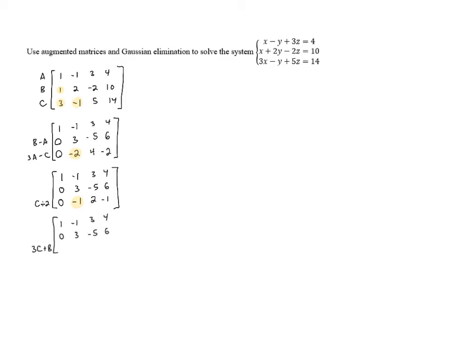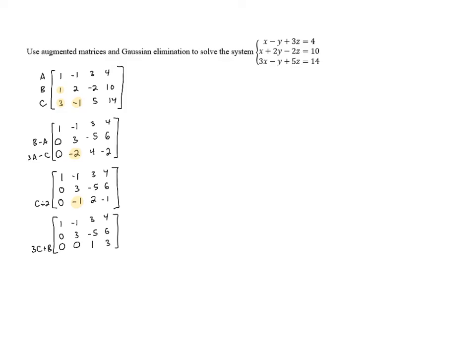Then for the last one, 3 times 0 plus 0 is still 0. 3 times -1 is -3, plus 3 is 0. 3 times 2 is 6, plus -5 is 1. And 3 times -1 plus 6 gives us +3, because we've got -3 plus 6.